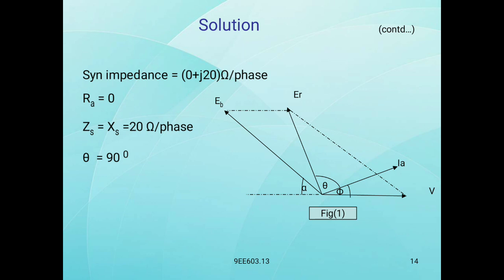Theta plus phi is equal to 90 degrees plus 36.87, that is 126.87 degrees.